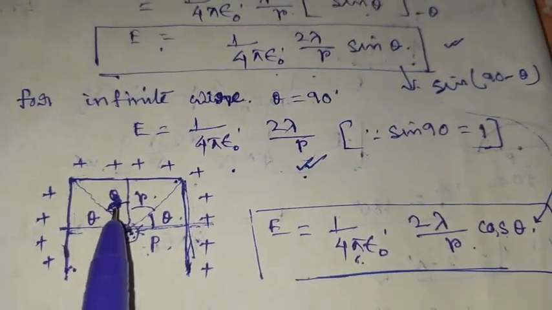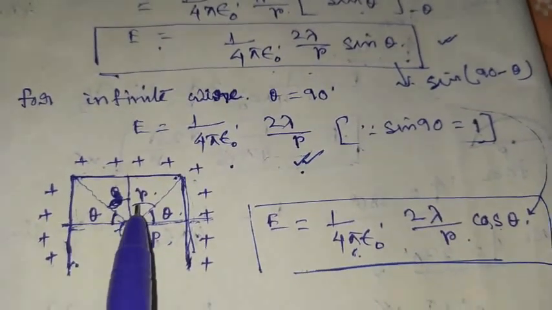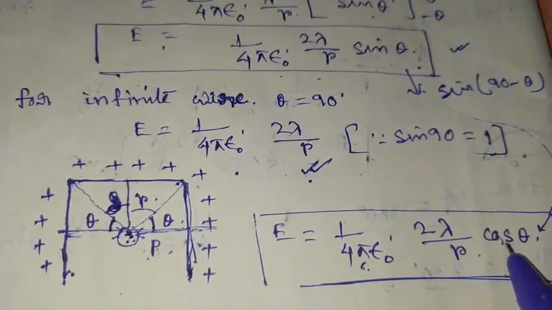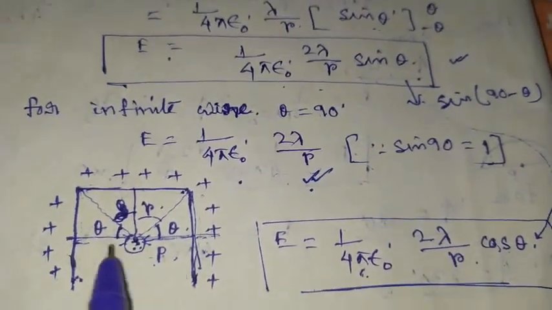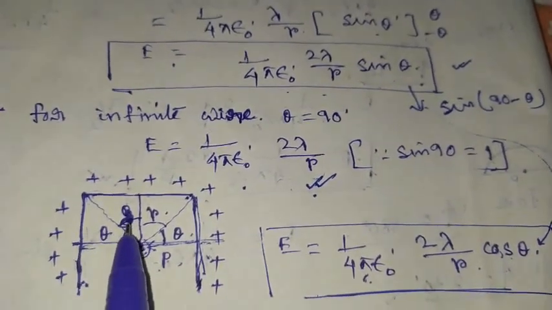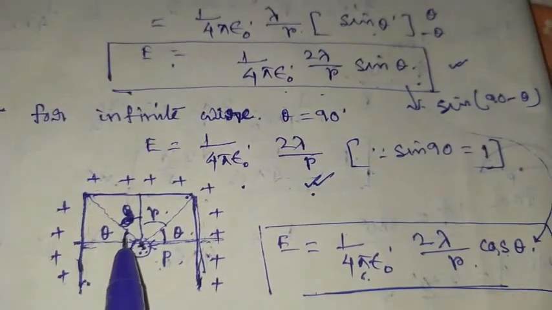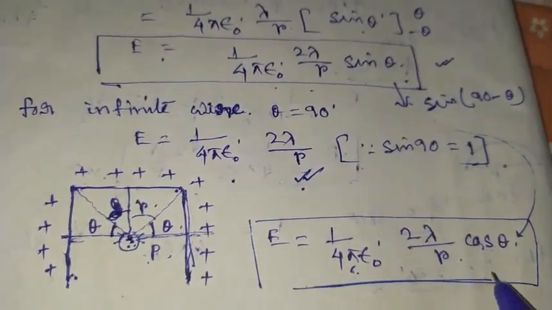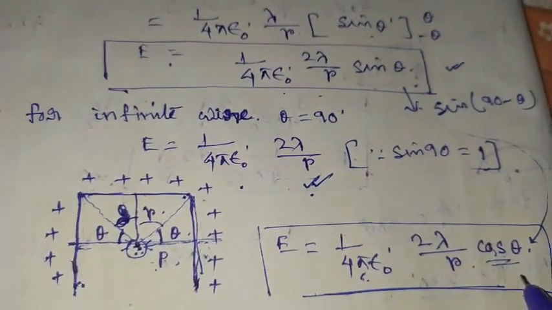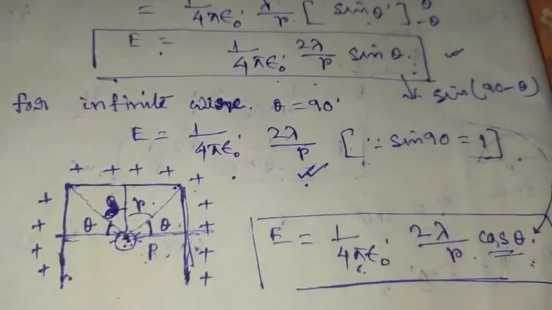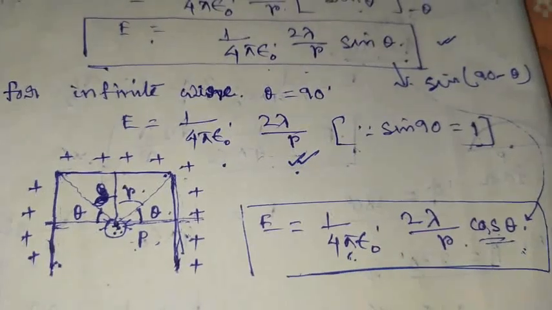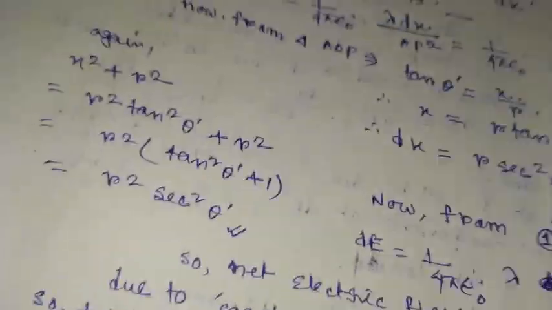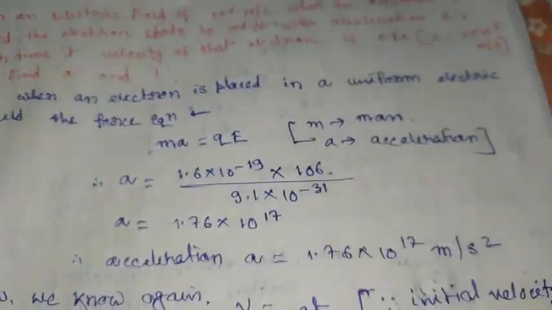If we have the theta in this angle, then cos theta will be replaced by sin theta, but theta is actually not given here, theta is given here. So sin theta will not come in this place, cos theta has come. Okay, so moving on to the next question.